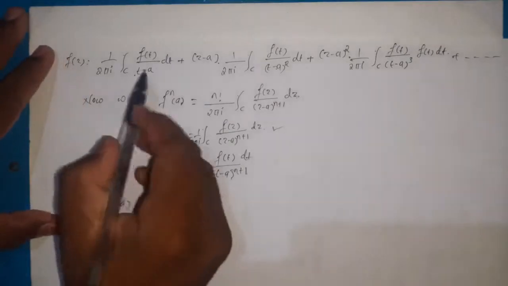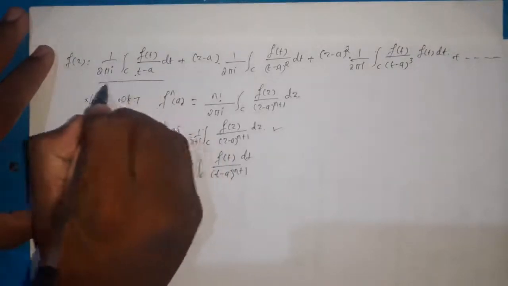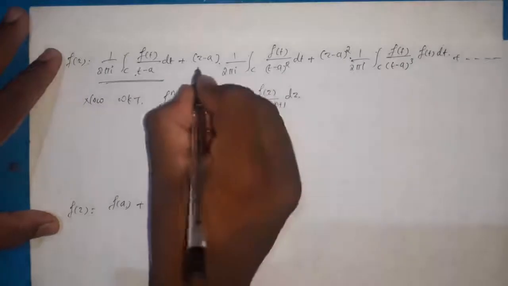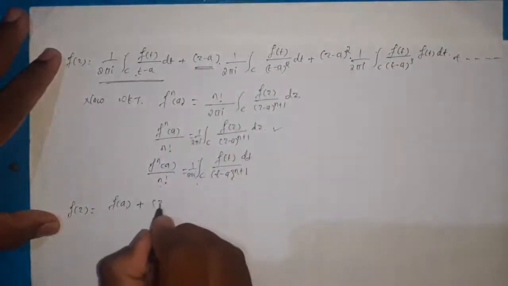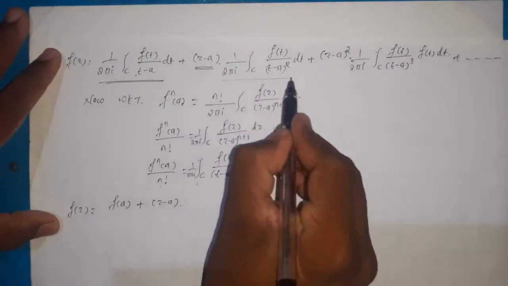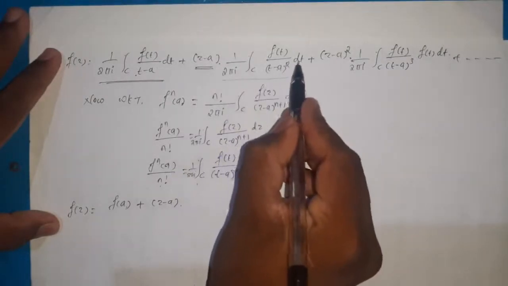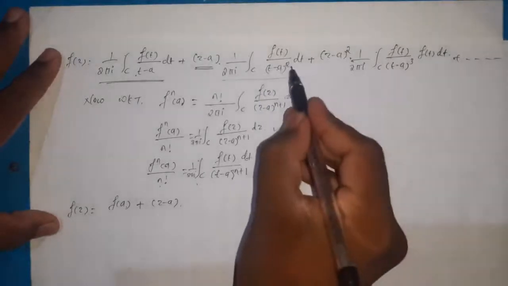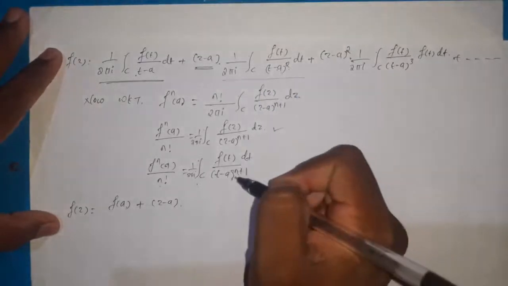So the first term is f of a, plus z minus a, then 1 by 2 pi i integration over c f of t divided by t minus a whole square dt. On comparing these two, n plus 1 equal to 2, which implies n equal to 1.